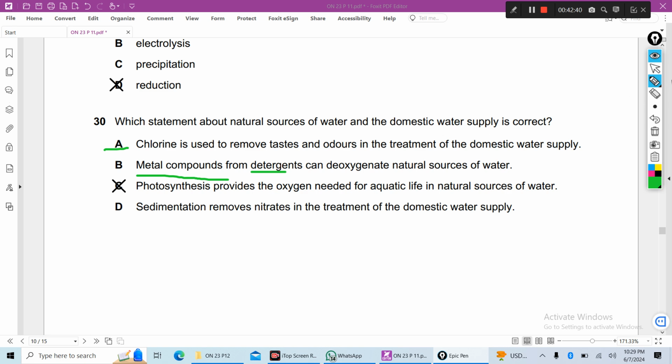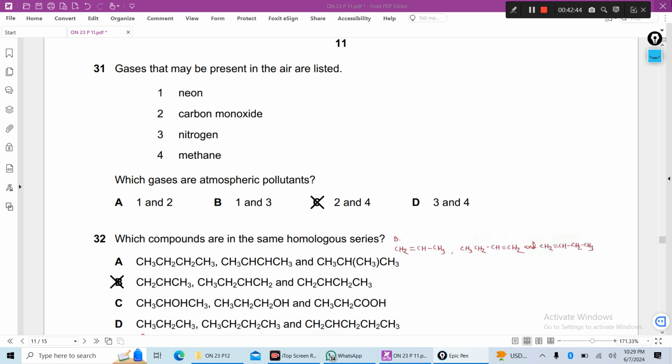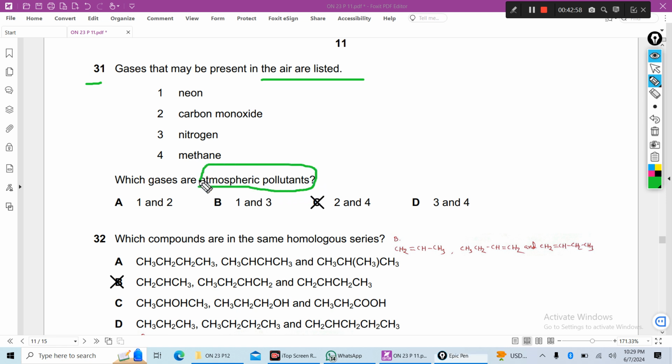Next, this is 31. Gases that may be present in the air are listed: neon, carbon monoxide, nitrogen, methane. Which gases are atmospheric pollutants?